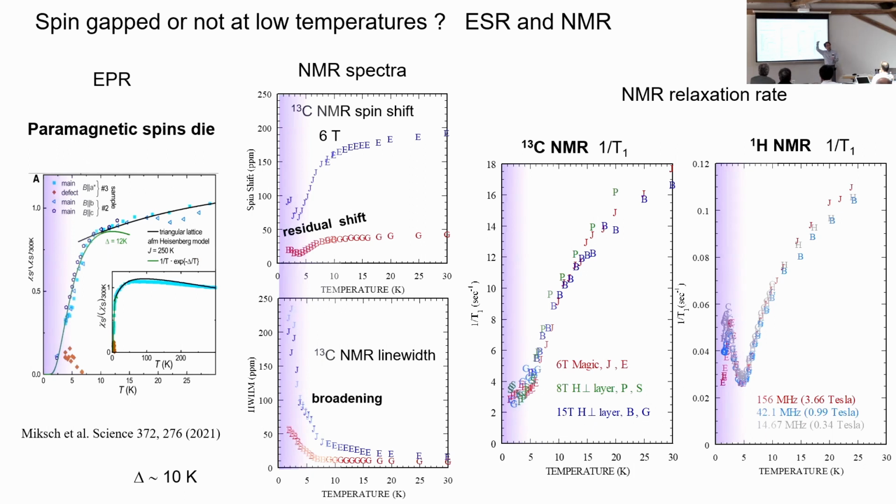It's proportional to the magnetic field. It's not a frozen state. In a frozen state, for example a spin glass state, the local field is not so sensitive to the magnetic field. Like in a magnetic ordered state, it's like a paramagnet, because the line width is proportional to the magnetic field, linearly, roughly linearly.